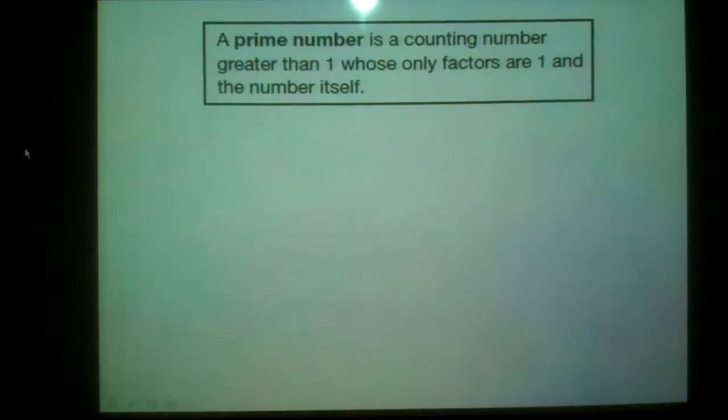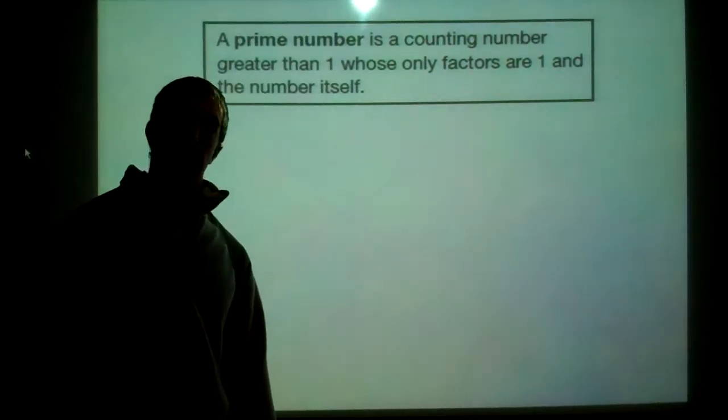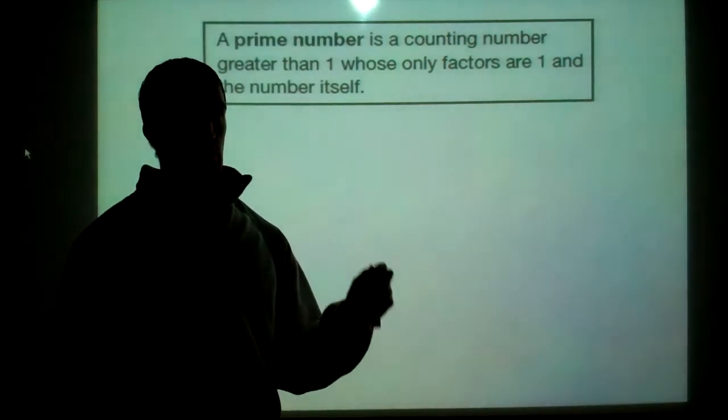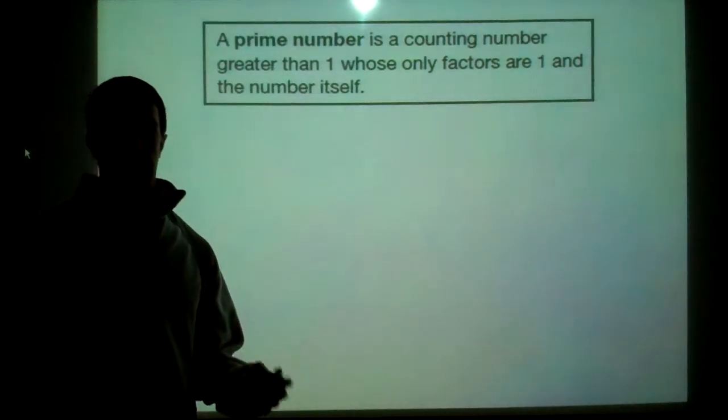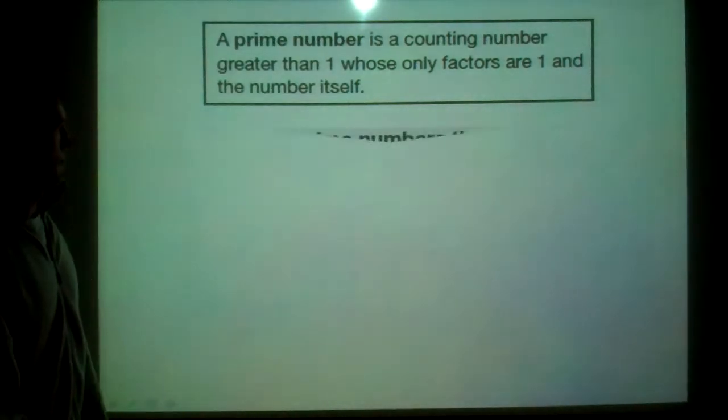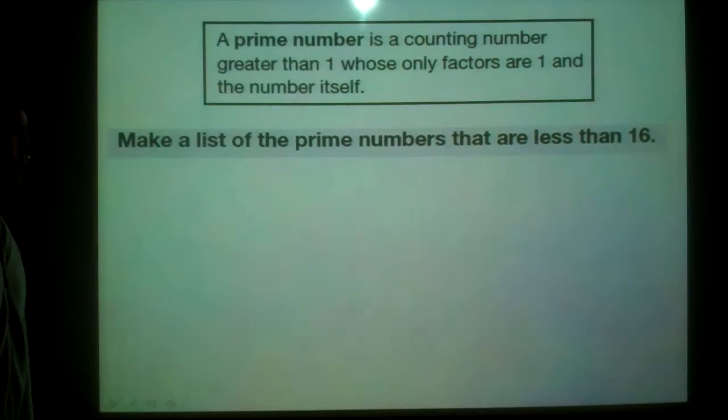Alright, so, here's our definition then. A prime number is a counting number greater than 1 whose only factors are 1 and the number itself. So when we looked at, say, the number 3, 1 and 3, or 1 and itself, were the only 2 that were factors. So, it says make a list of the prime numbers that are less than 16.